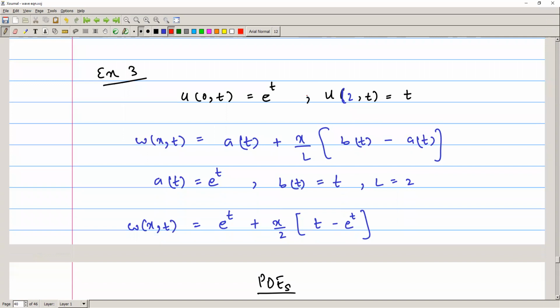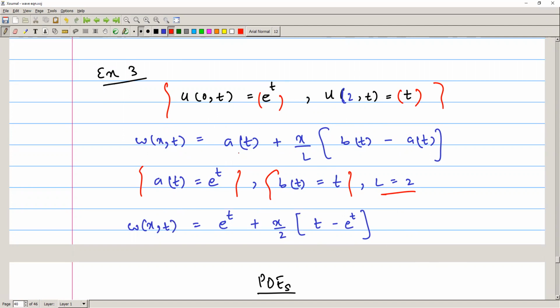Now if we have the boundary conditions here, we can see that these are Dirichlet conditions. u(0, t) is equal to e to the power t, and u(2, t) is equal to t. Therefore, w(x, t) is equal to a(t) plus x over L times b(t) minus a(t). a(t) is given as e to the power t, b(t) is equal to t, and L is equal to 2.